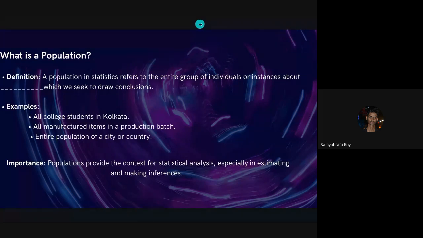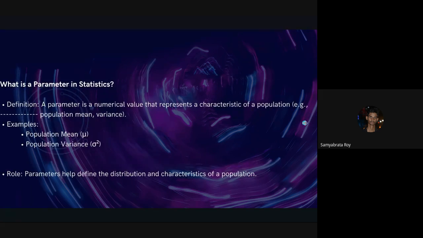there are so many characteristics. If there's a population, there's a group. If there's a large number of instances, there must be a few such characteristics which are being considered and which are actually signifying different perspectives of the population. So these unknown characteristics of a certain population are known as parameters.